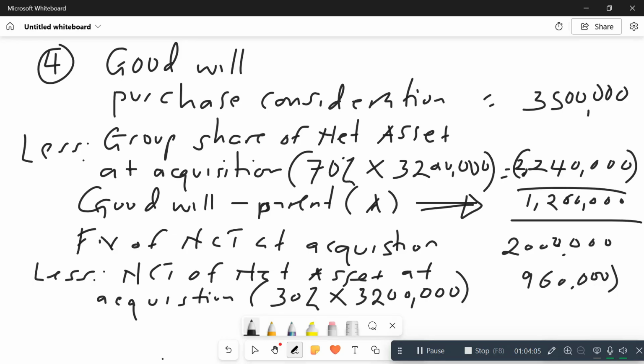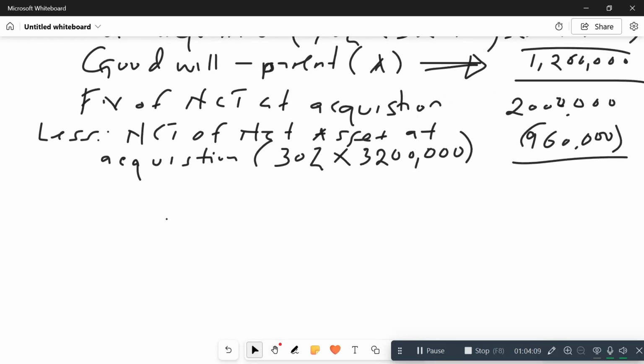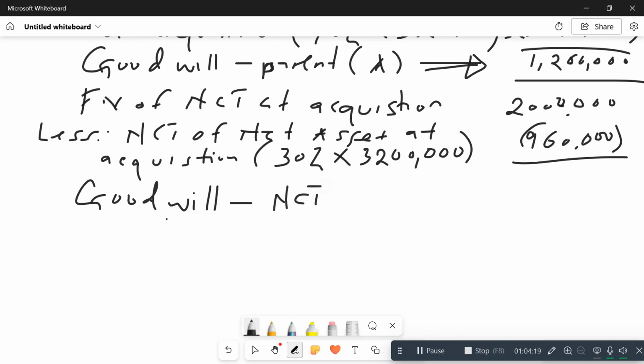When you subtract this, we shall have our goodwill attributable to NCI. Let me call this our B. It's going to be 2 million minus 960,000, which is 1,040,000.